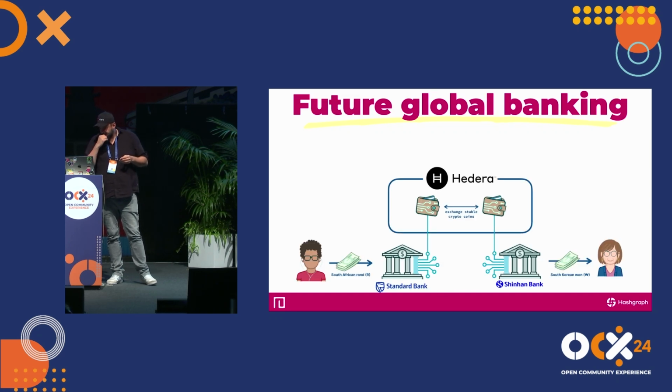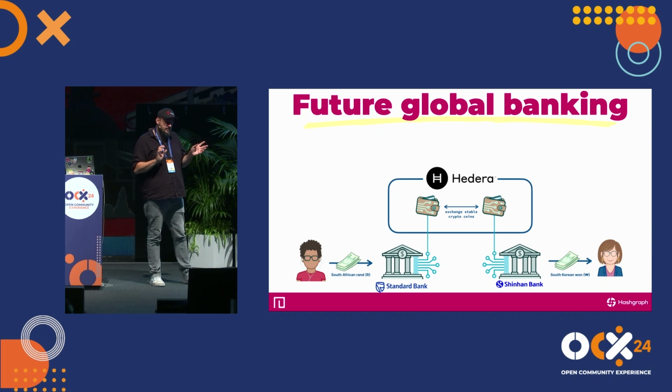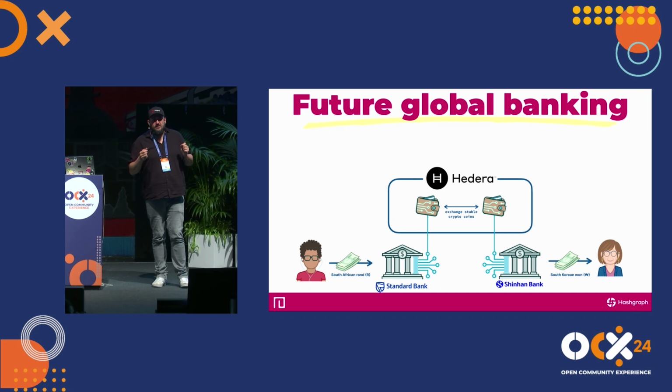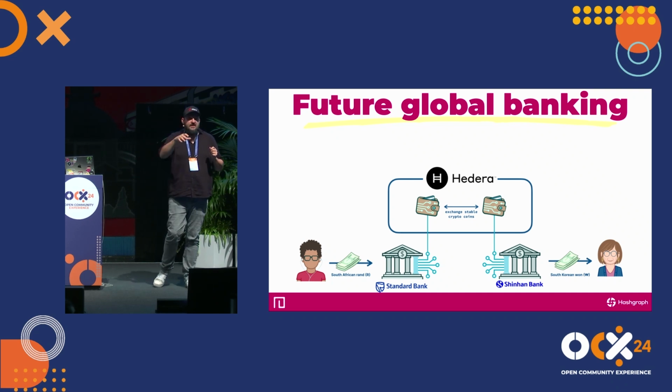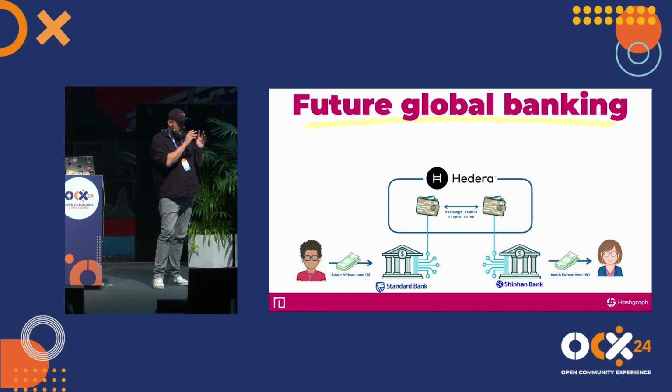So how have they done that? Both banks were connected with the Hedera network, and they created cryptocurrencies. Not cryptocurrencies like Bitcoin that you can trade with your mobile or something like that. They created a cryptocurrency version of the South African rand.